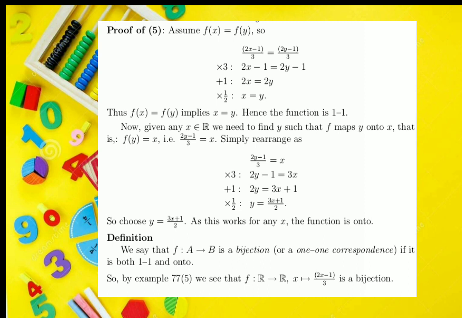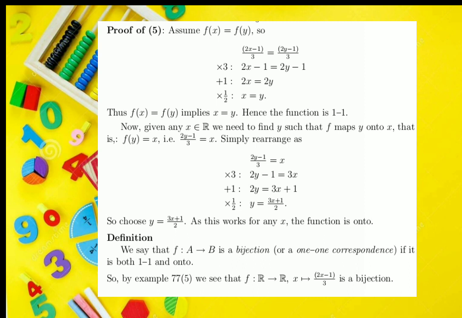Now, given any x, we need to find y such that f maps y onto x, that is, f(y) is equal to x. So (2y minus 1) over 3 is equal to x.